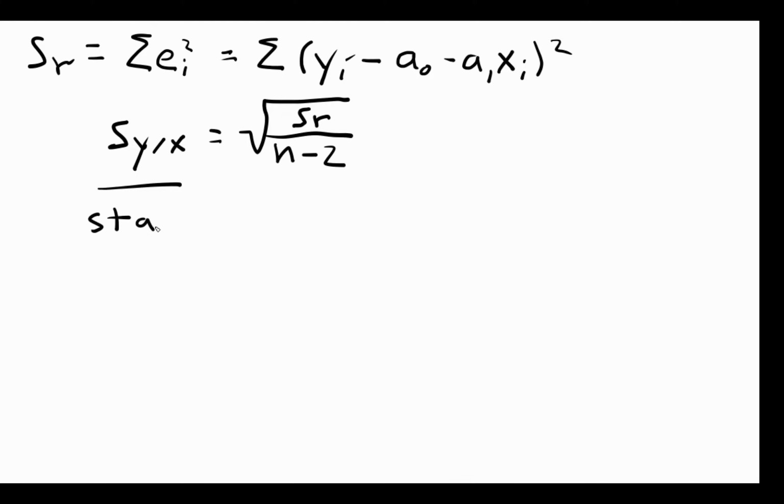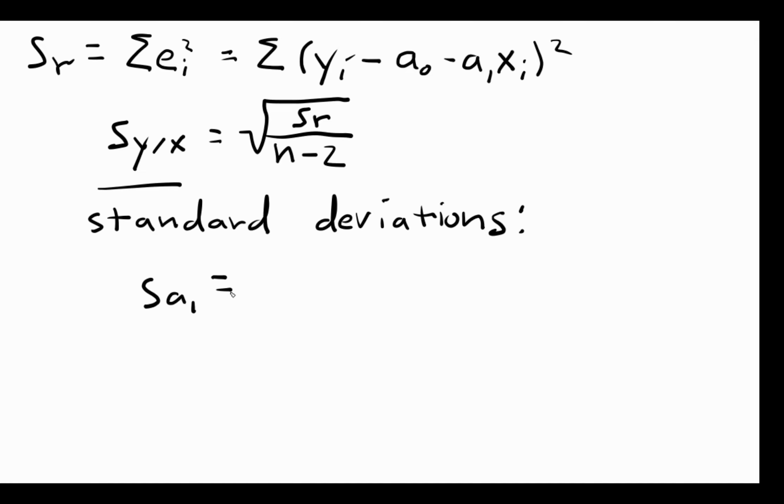Now treating the coefficients as random variables, the standard deviation for variable a1 is simply going to be this standard error of the estimate squared over the following summation, basically the residuals of the means of the x's.